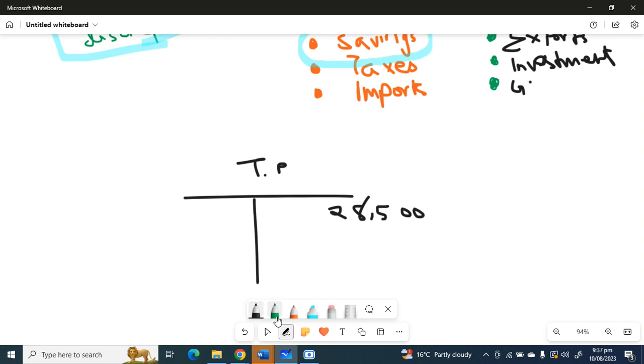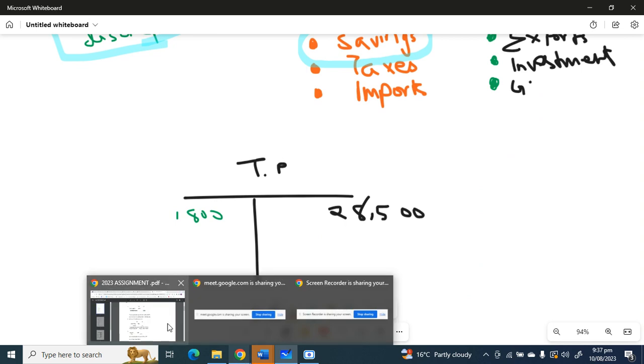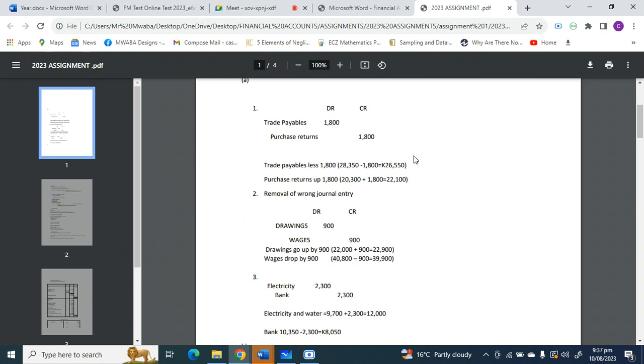Since there is a debit entry of 1,800 here, our trade payables must reduce. So 28,350 minus 1,800 is 26,550. Get your calculators for verification.